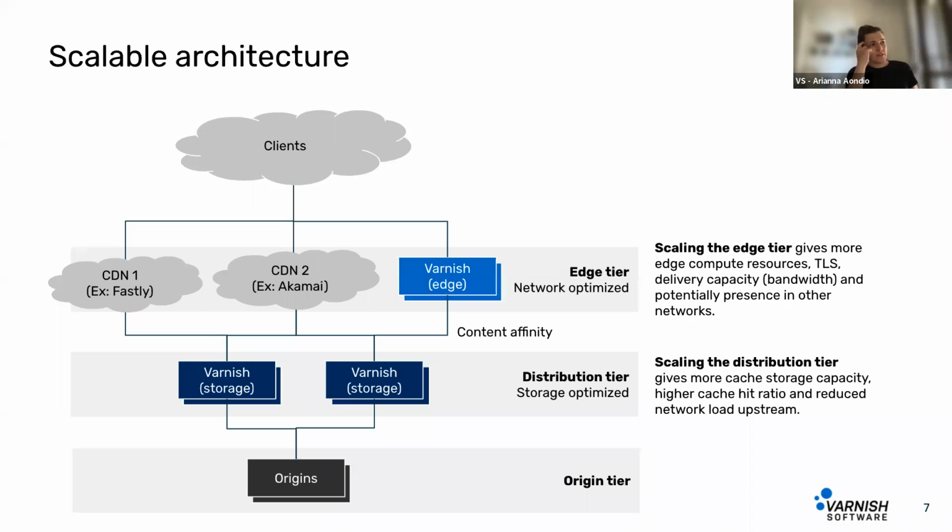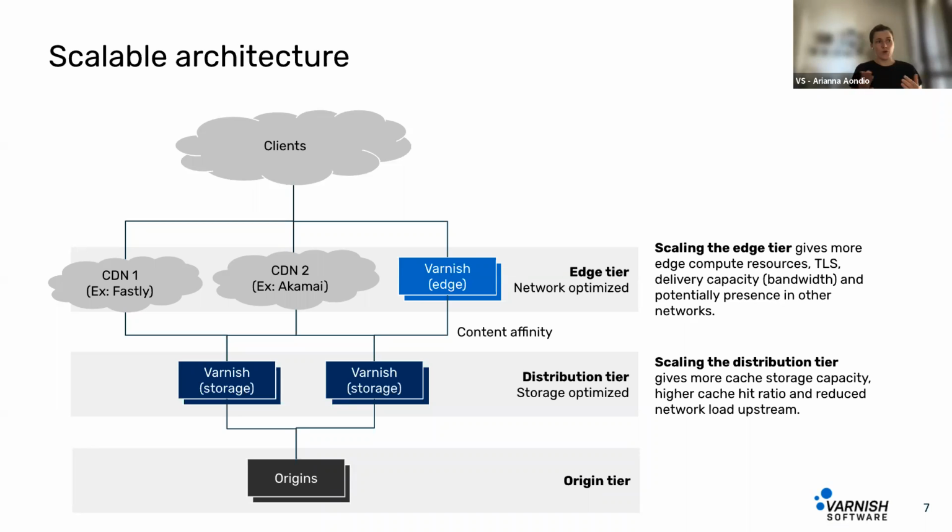Again, if we look at this setup, and if we need to scale the edge tier, this tier will listen to clients coming from everywhere. And no matter if you're using a commercial CDN, or if you're using a Varnish solution, very likely on these nodes, you want to terminate the TLS. Nowadays, pretty much all the connections are HTTPS. And we want to terminate TLS on the edge nodes.